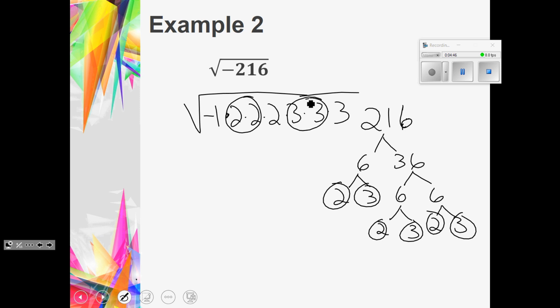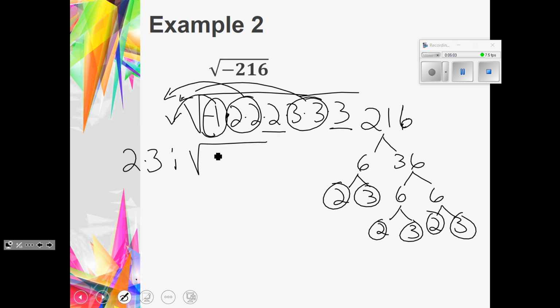I have a pair of 2's, so that comes out as a 2. A pair of 3's comes out as a 3. We know the square root of -1 comes out as an i. And then we're going to multiply the 2 and the 3 together. So our final answer is going to be 6i times the square root of 6.